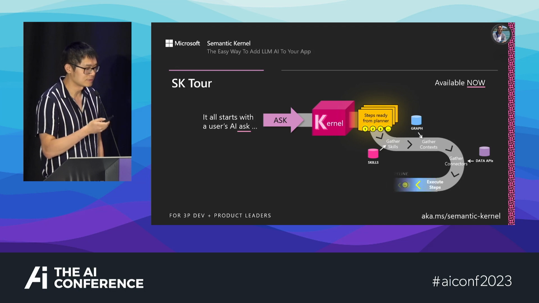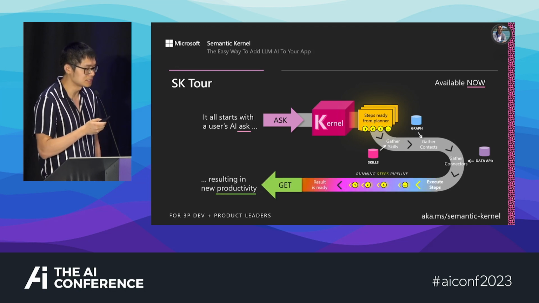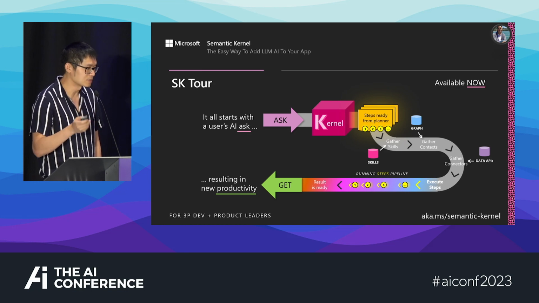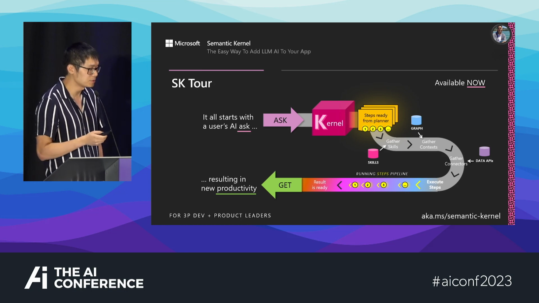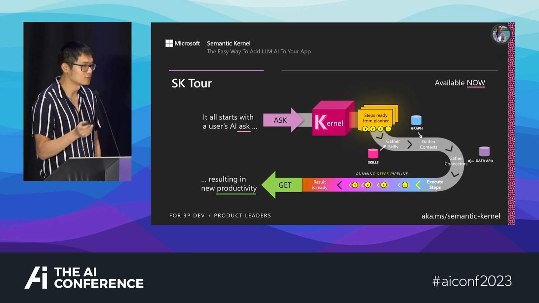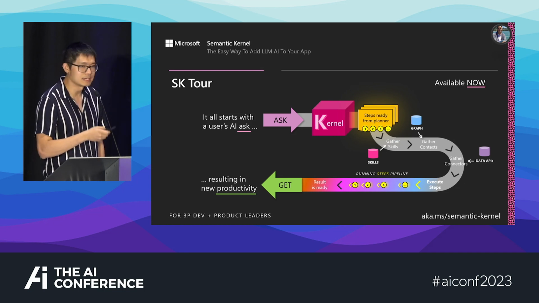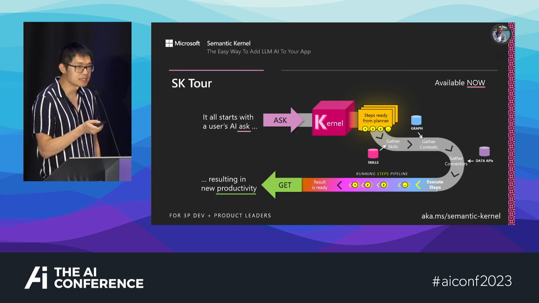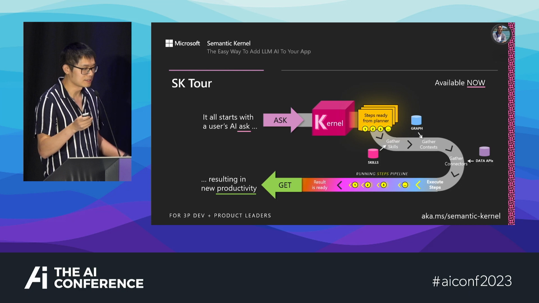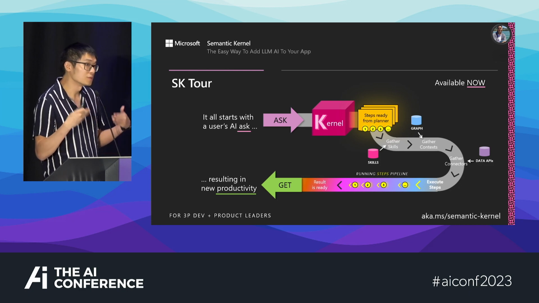And even external data sources, external APIs. And with that, the kernel will do this orchestration for you to ultimately create that plan and allow you to run it in a pipeline. And that pipeline can be expressed as something that you want to run over and over again.